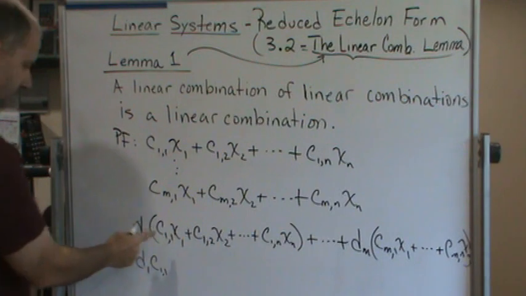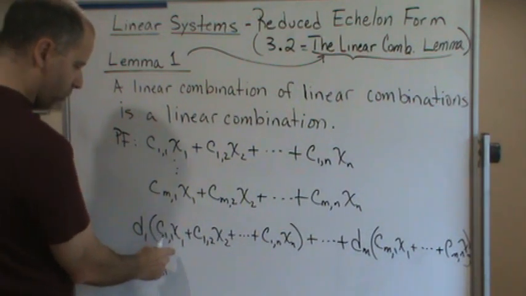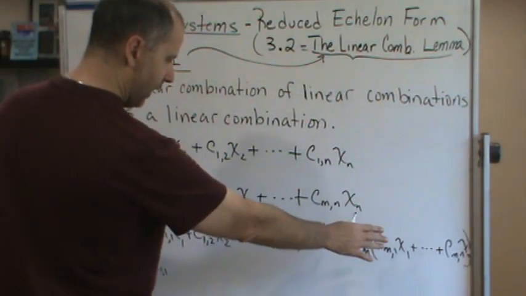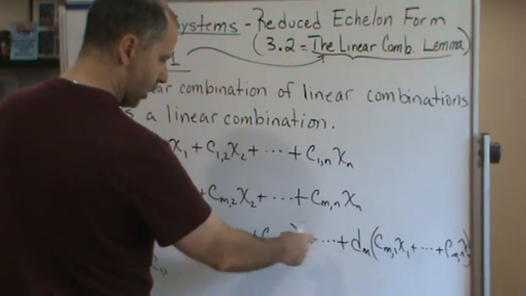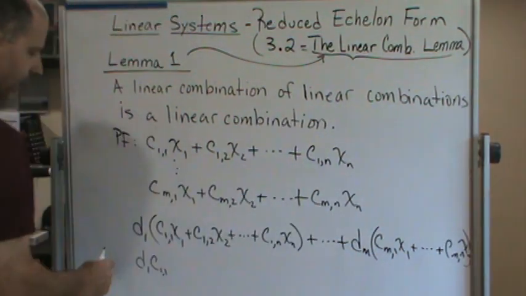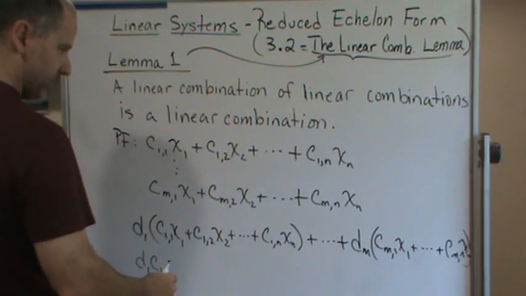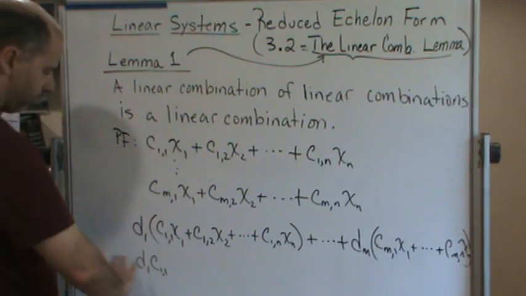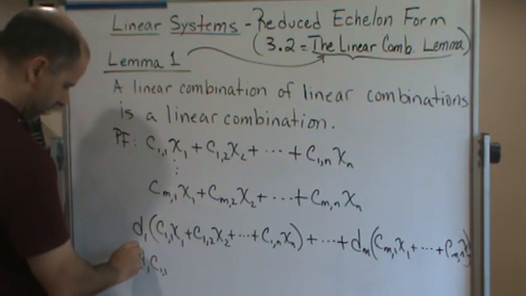Yeah, because we're going to have x1 here. So we're going to combine all the like terms with the x1s and then group all of the scalars together. So our coefficient is going to look like this.